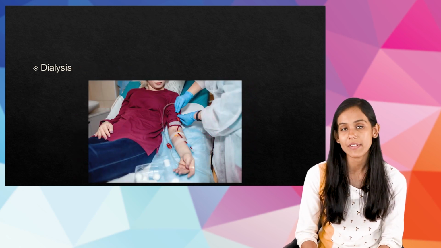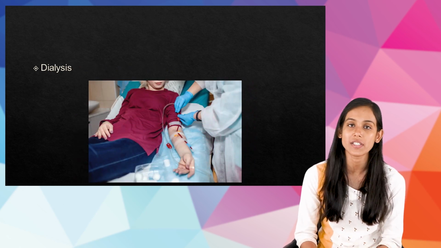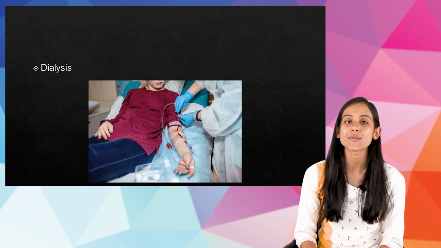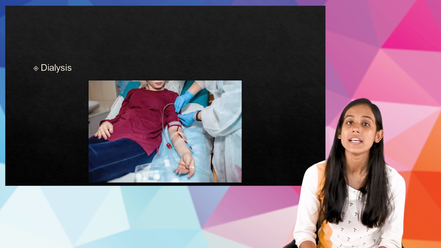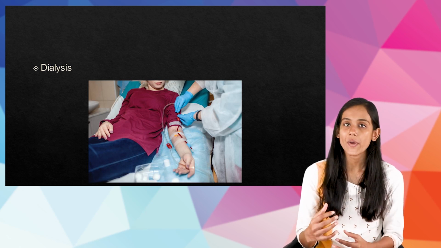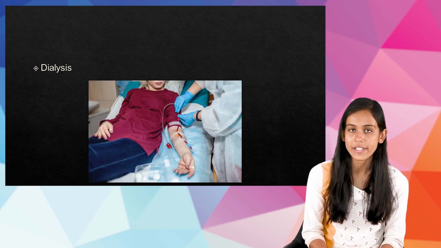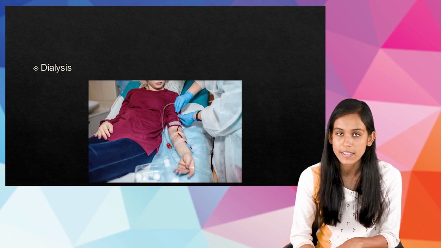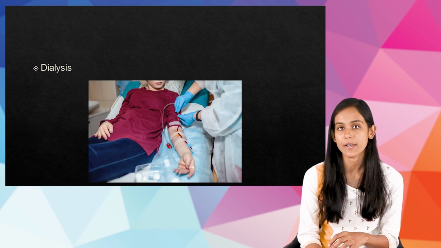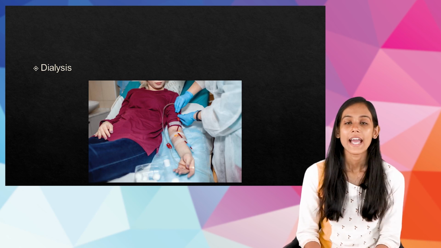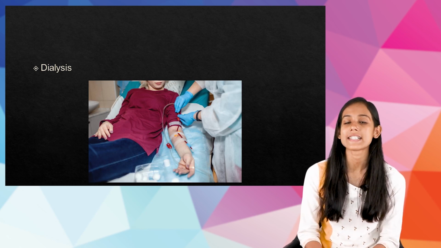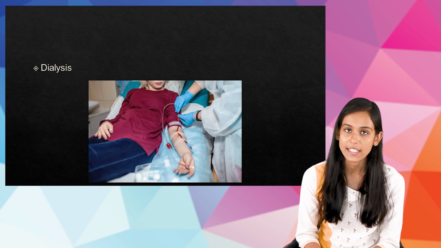And in case of life-threatening complications, we have to start dialysis. We have two types of dialysis, the peritoneal and the hemodialysis. Whether we should go for dialysis or not depends on certain criteria. If our serum potassium level is more than 7 milliequivalent per liter and persistent, that is an indication for dialysis.